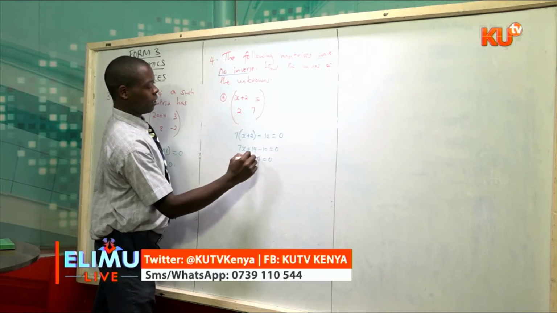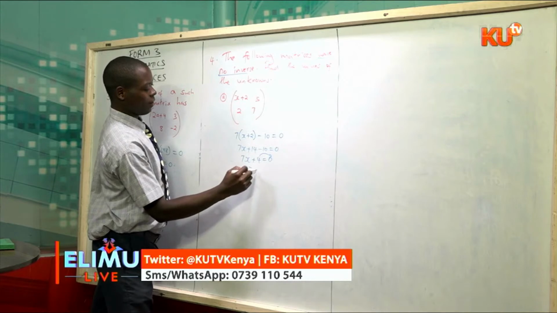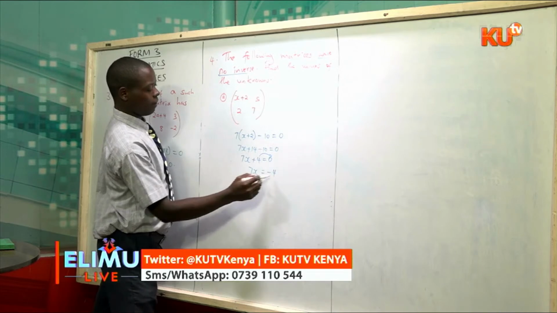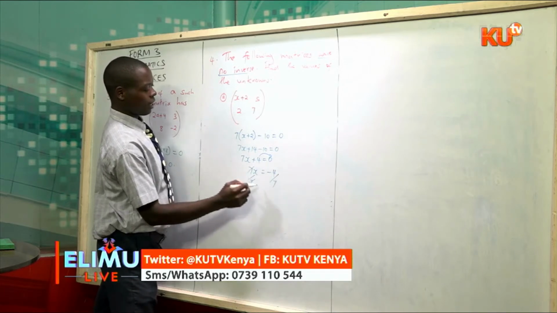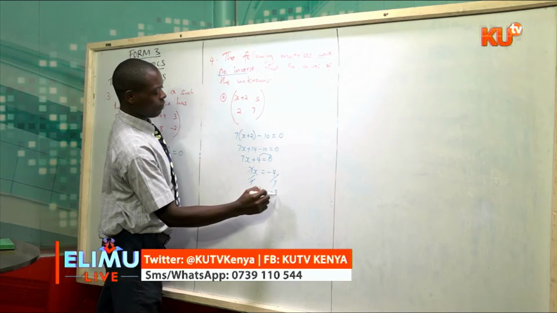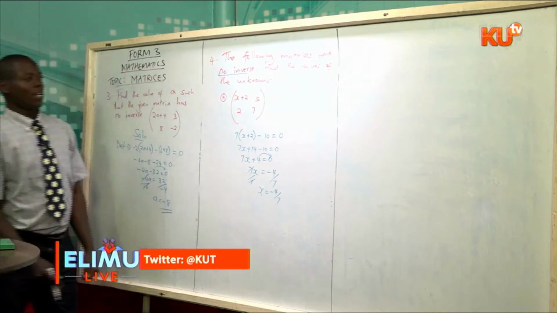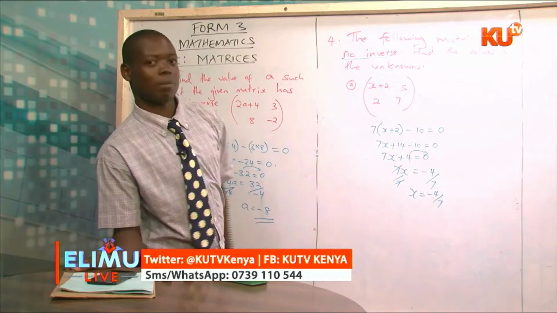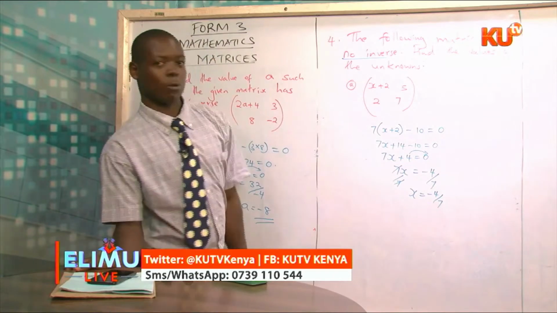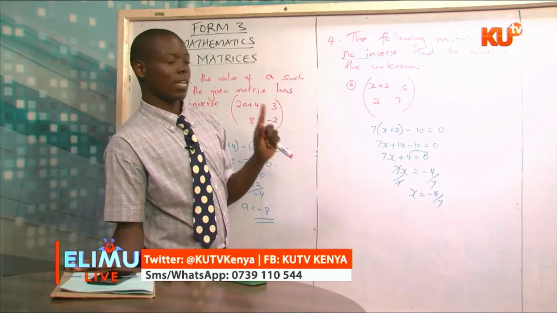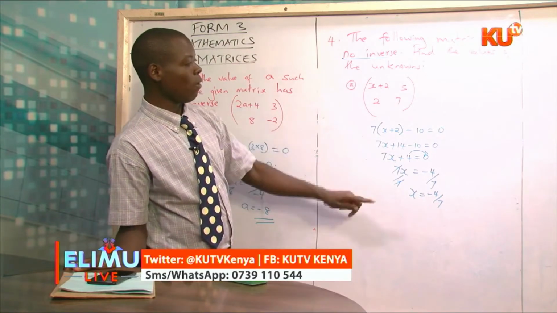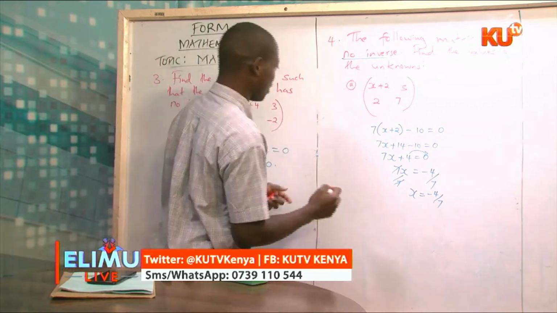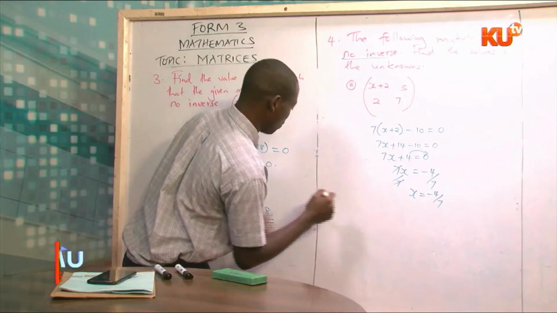And then take this to the right side. 7x is equal to minus 4, over 7, over 7. This cancels. So x is equal to minus 4 over 7. And if you replace x with minus 4 over 7 and work it out, you'll still find the determinant of this matrix to be 0. So that is the first case where we are determining the value of x for which this matrix has a determinant of 0.